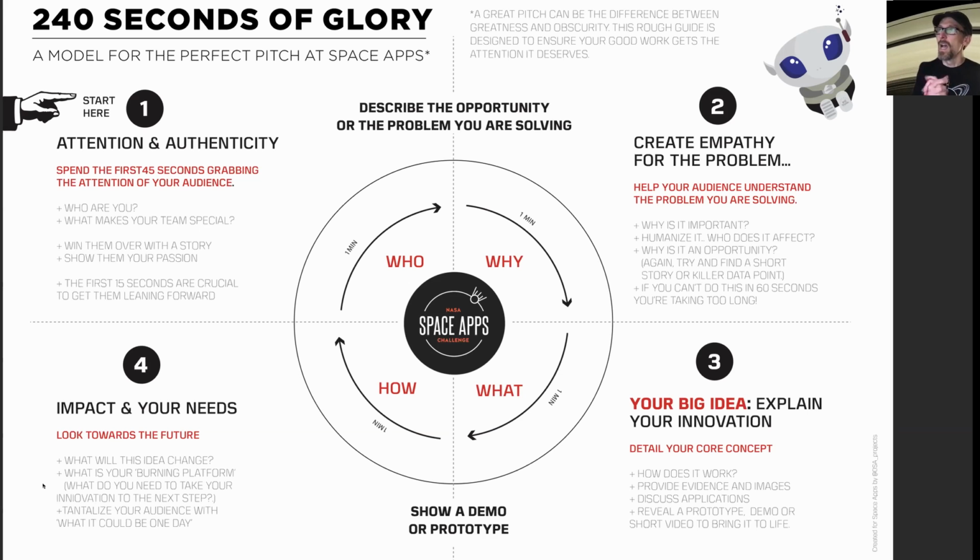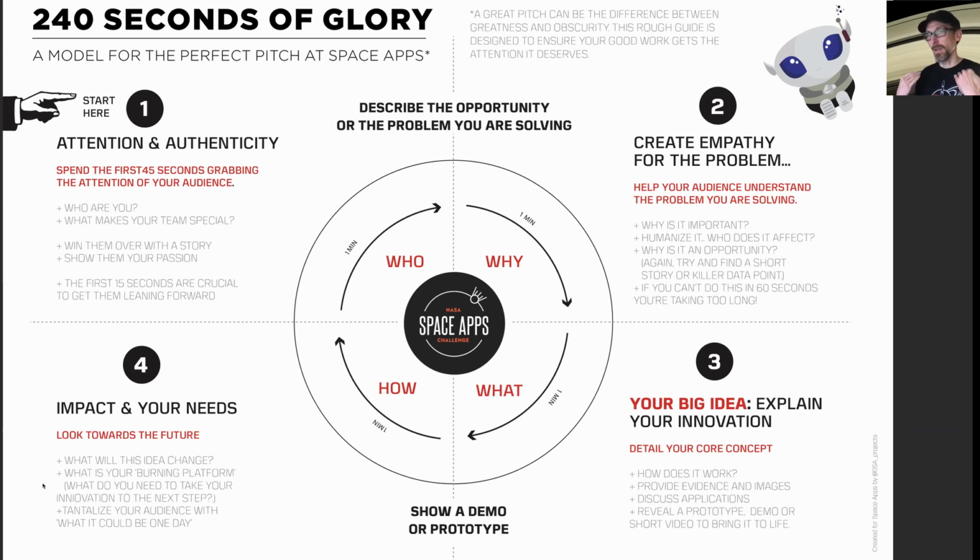So, your presentation, if we look at the center of the diagram that they've got here, we're trying to get across in 4 minutes the who, the why, the what, and the how of your Space Apps project.